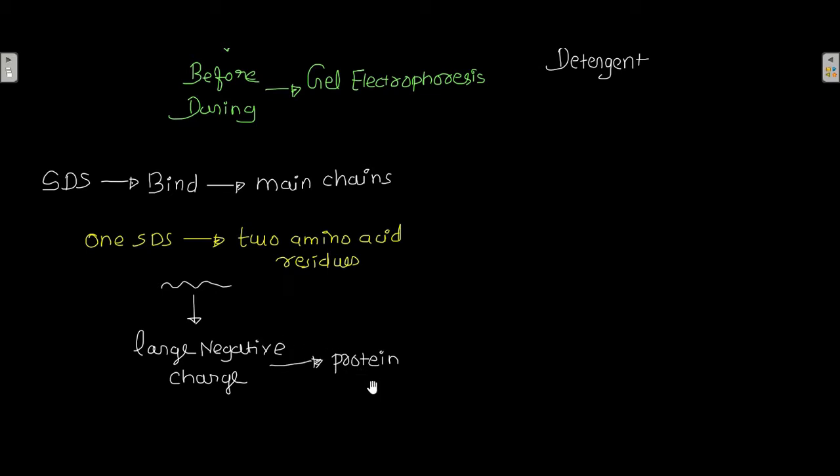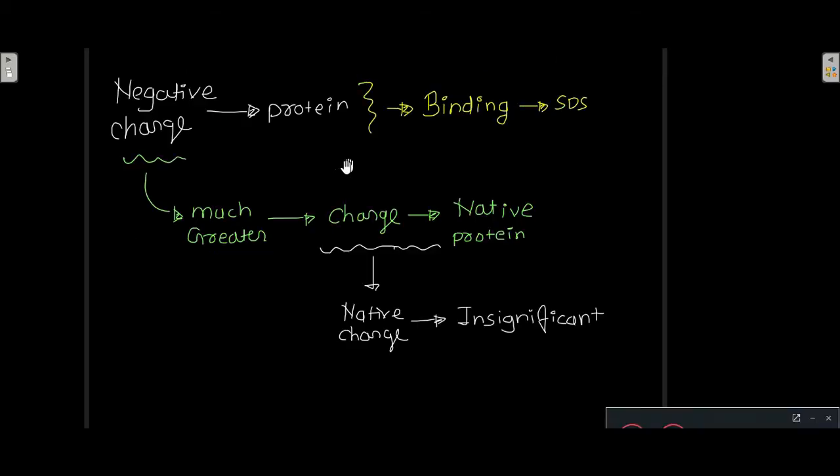This charge, which is there because of the binding of SDS, is much greater as compared to the charge on the native protein, so much greater that the native charge becomes insignificant.